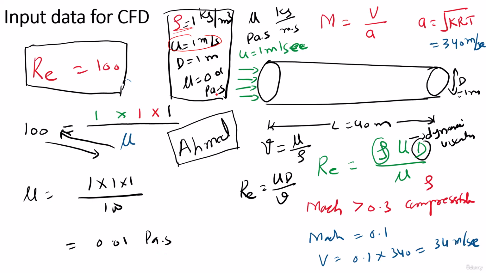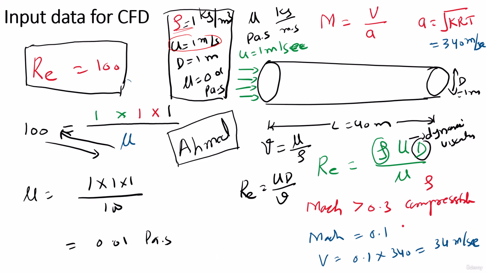This is where we got the length, diameter, and these properties. I'm also checking whether the flow is incompressible or not. The flow is incompressible when the Mach number is less than 0.3; greater than 0.3, the flow is compressible. If I take a Mach number of 0.1, the velocity will be the Mach number times the speed of sound, which is 340, so it is 34 meters per second.